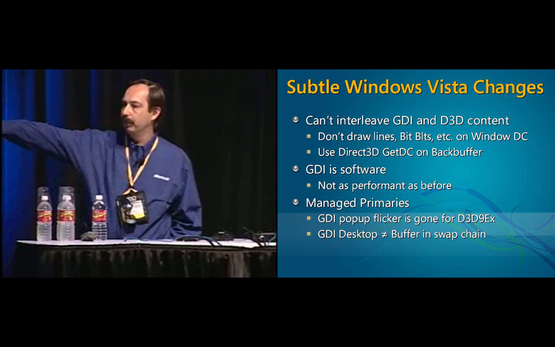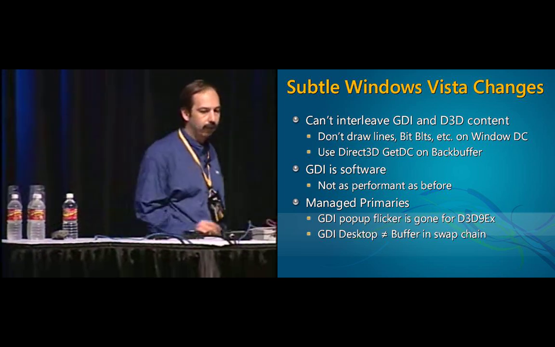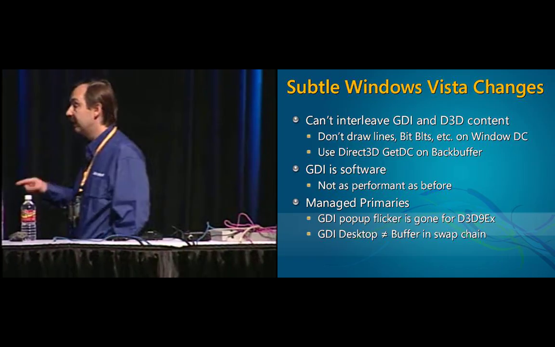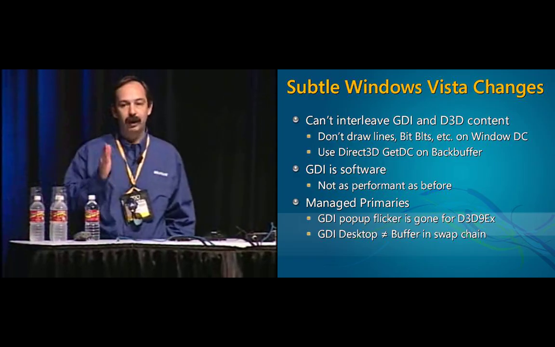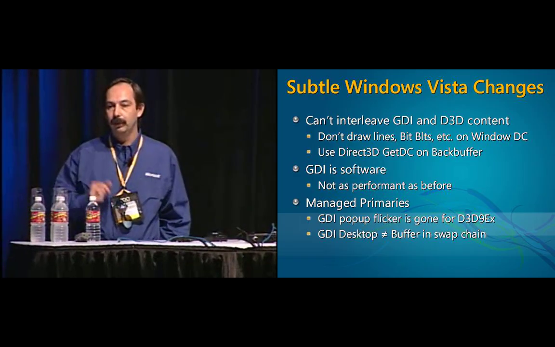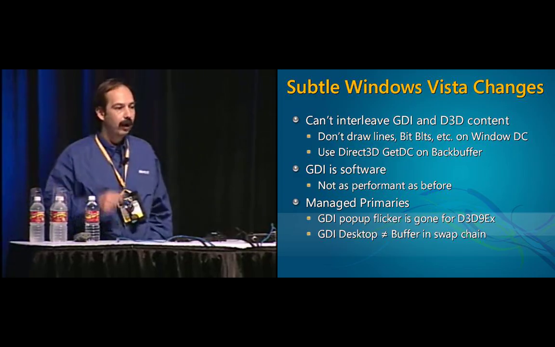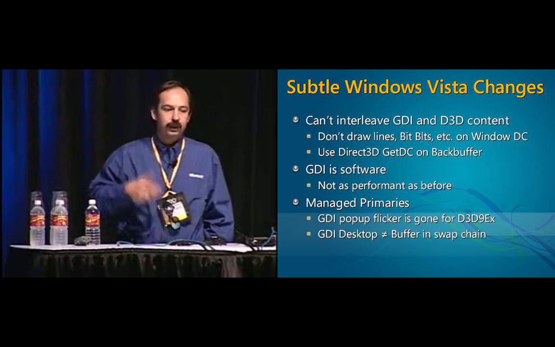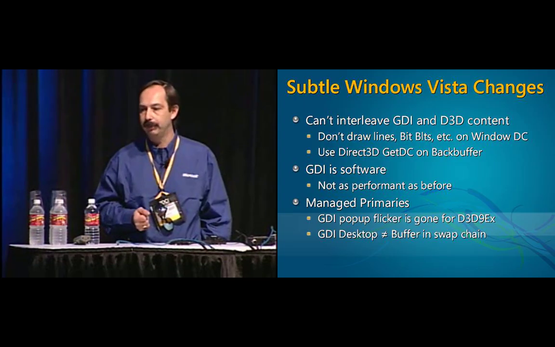And then the last thing I want to point out, some people may have made this assumption in the past, and it's no longer valid in the Windows Vista driver model: the GDI desktop is no longer one of the buffers in your swap chain. For example, an application may have rendered its 3D content, and at the end decided, oh gee, I want to print that out, or I want to capture it and mail it as a bitmap to somebody.